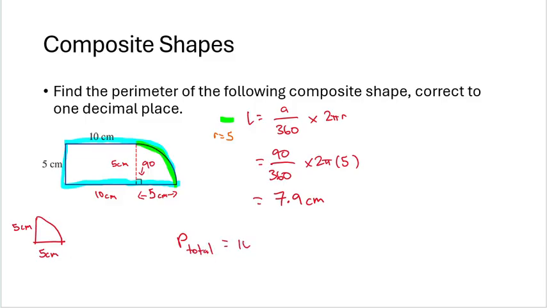So it equals 10 plus 5 plus 10 plus 5 plus 7.9. And if you were to add all this up, you end up with 37.9 centimeters. That's the distance of blue.